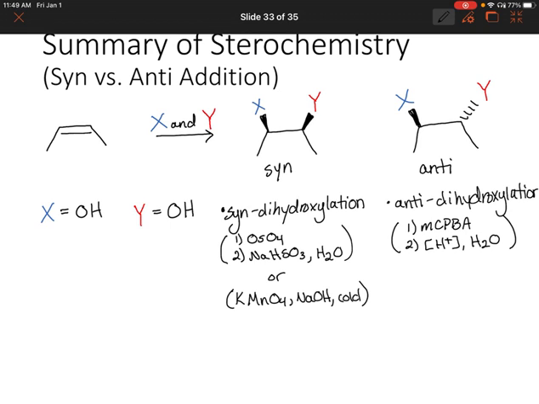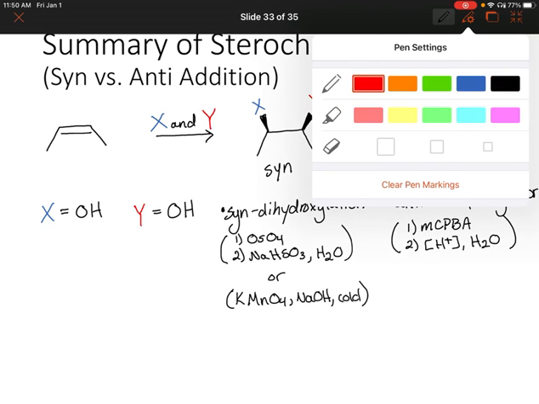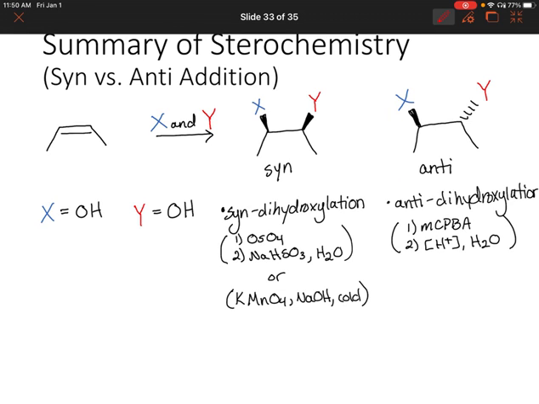Okay, now what if we want to add bromine across that double bond? Let's see, I'm actually going to write this over here.